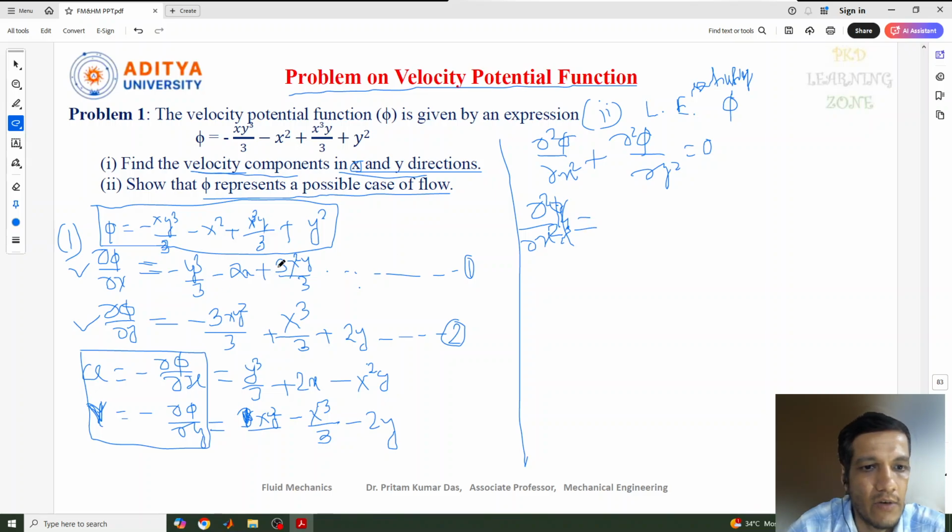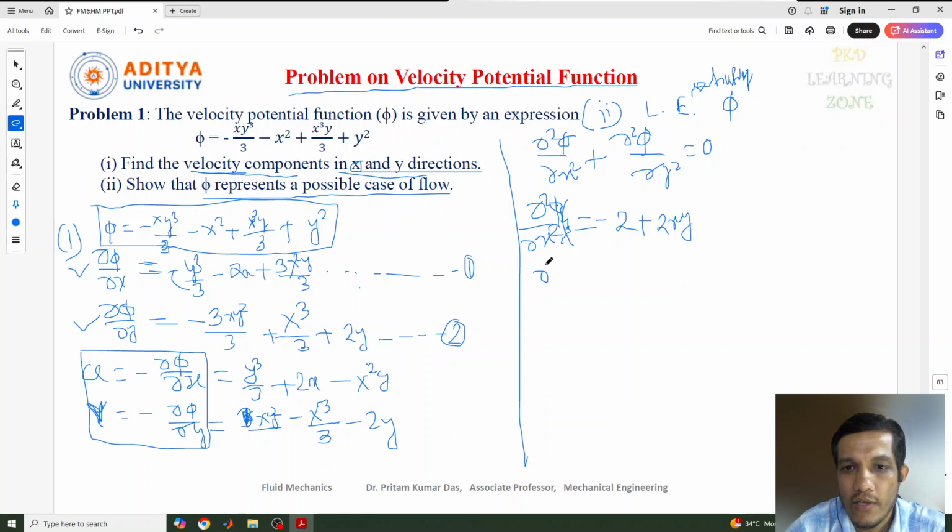We get minus y cube by 3; its derivative with respect to x is nothing, so that is cancelled. Then minus 2x, whose derivative is minus 2. And 3x square y by 3, the 3 cancels, leaving x square y, so we get 2xy.